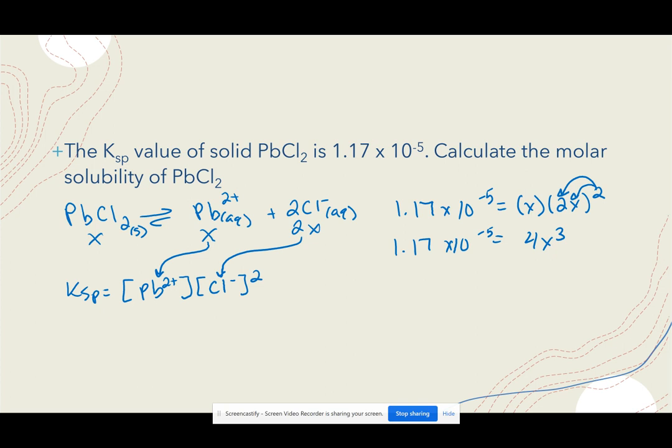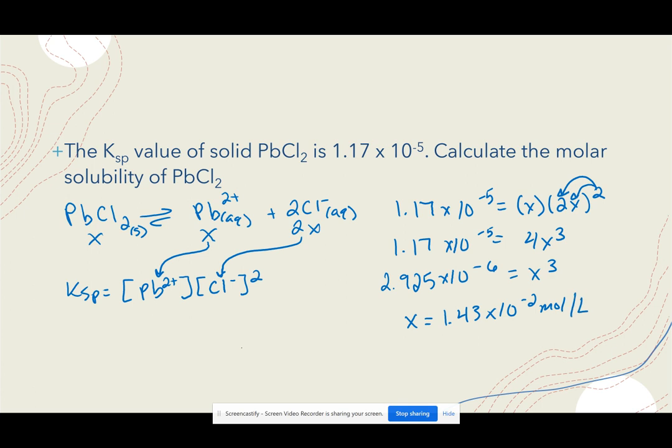So to solve, first we're going to divide both sides by 4, which is going to give me 2.925 times 10 to the negative 6 is X cubed. And then, of course, to get X by itself, to get rid of that cube, you take the cube root, and you're going to get 1.43 times 10 to the negative 2 moles per liter.